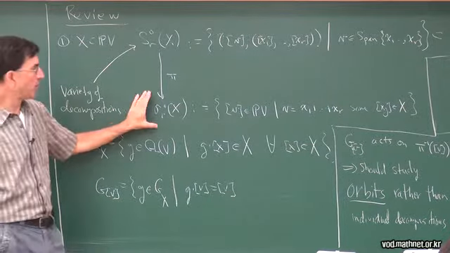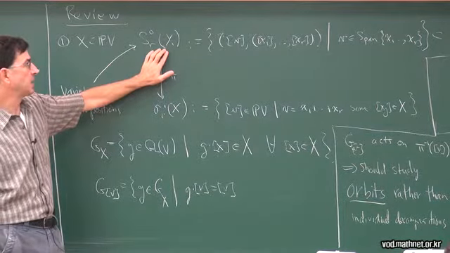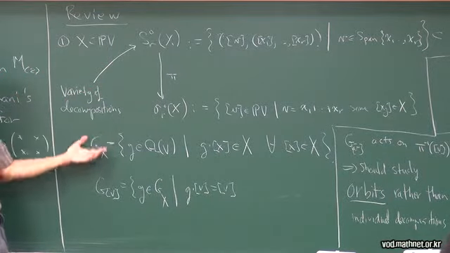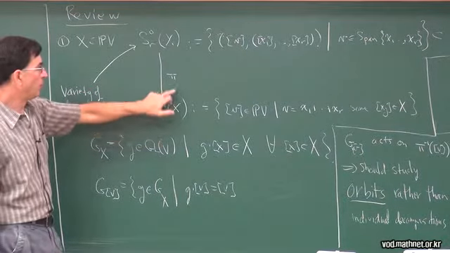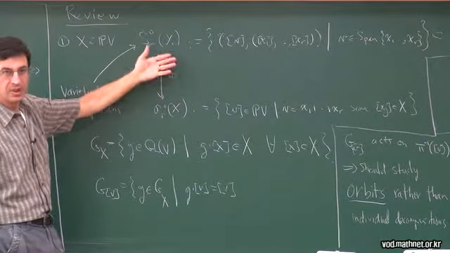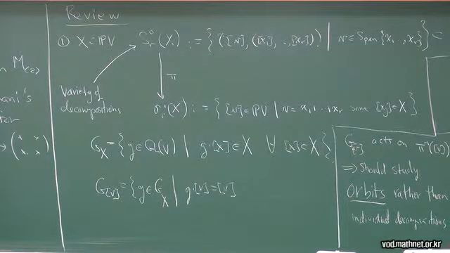In order to make that study of decompositions, one forms this incidence correspondence, which is essentially the variety of decompositions. The fiber over a point in this variety is the set of rank R decompositions of this point.